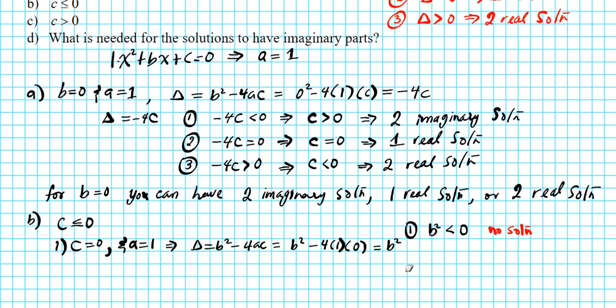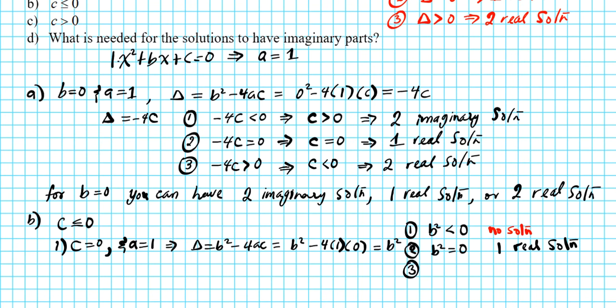Now, scenario number 2. Is it possible to square a real number and get 0? The answer is yes, because if you square 0, you get 0. So this works perfectly. So in this case, where b squared is equal to 0, we are going to have one real solution, because b equals 0 satisfies this equation here.